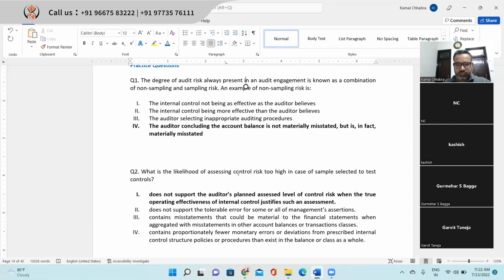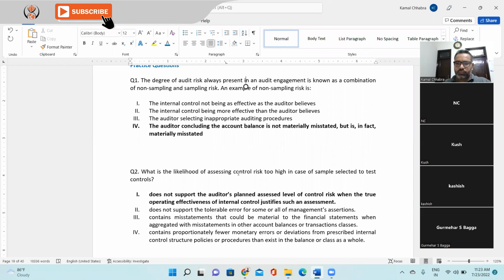Let's say we picked a sample, it's 100% correct, so we concluded everything is okay, but the rest of the population is not okay. Is that what we're trying to say, that this conclusion is after testing, and that is before? Kamal, this question is on non-sampling risk, right? That is part of sampling risk. Yeah.